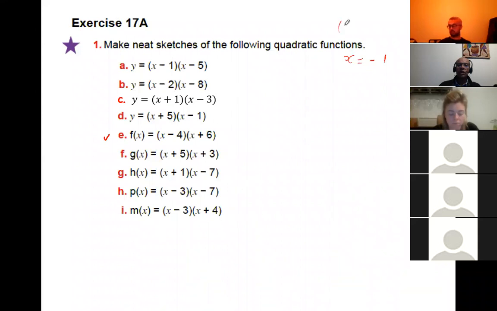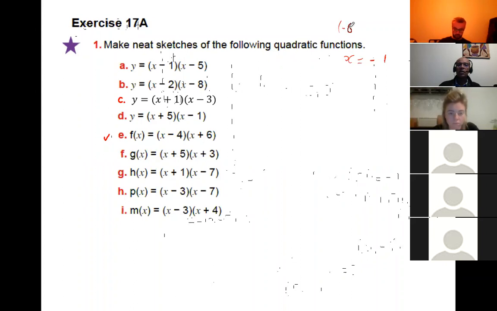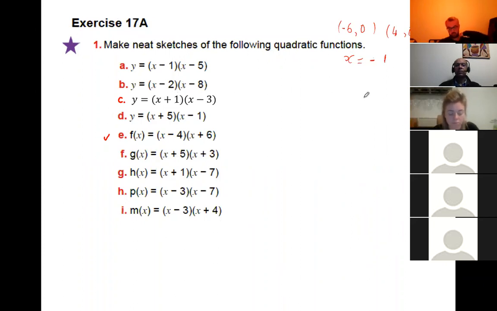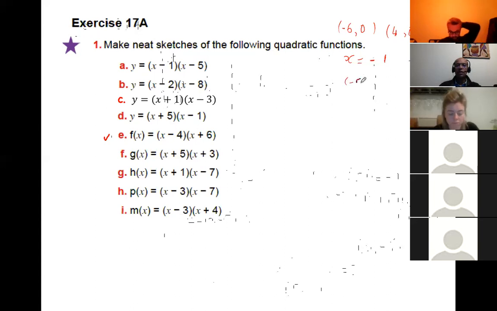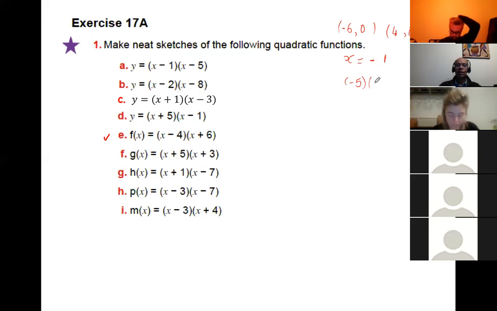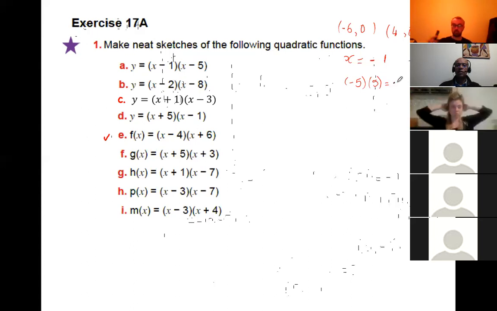Because the roots were -6, 0, and 4, 0. And when x equals -1, I've got -5 times 5 equals -25.